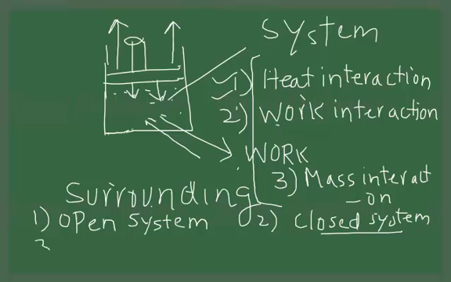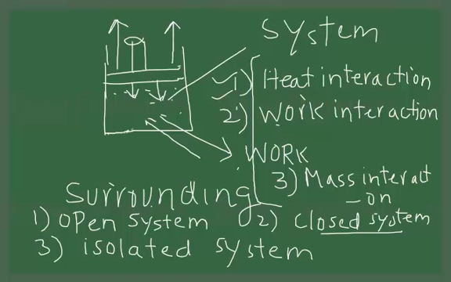Third type of system is called isolated system. In isolated system, none of these three interactions are allowed.